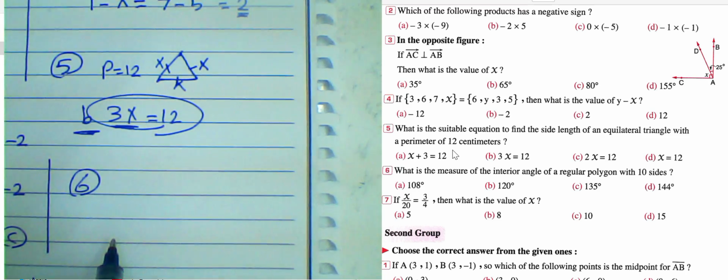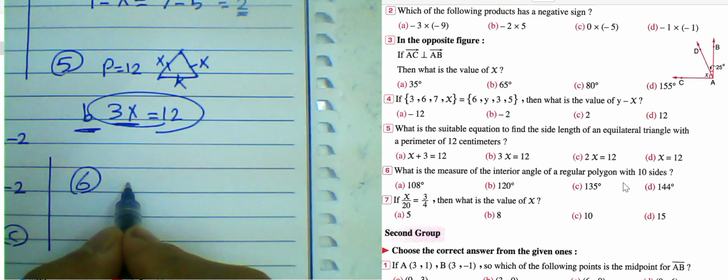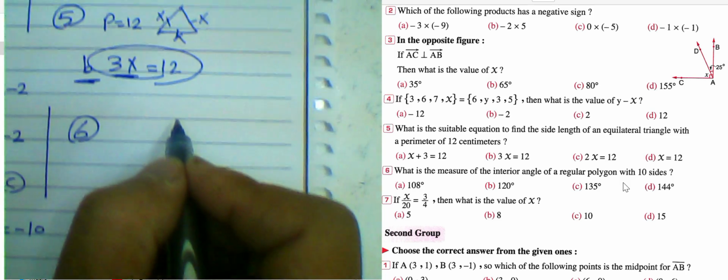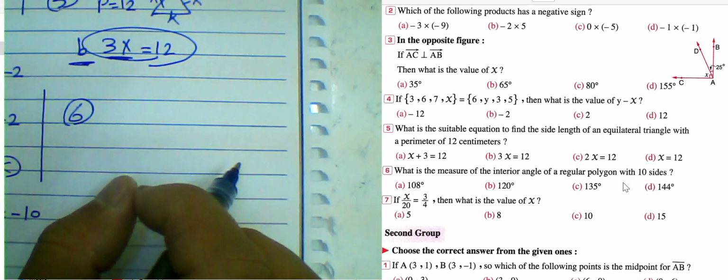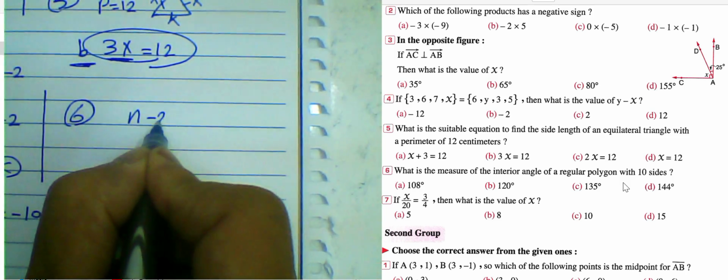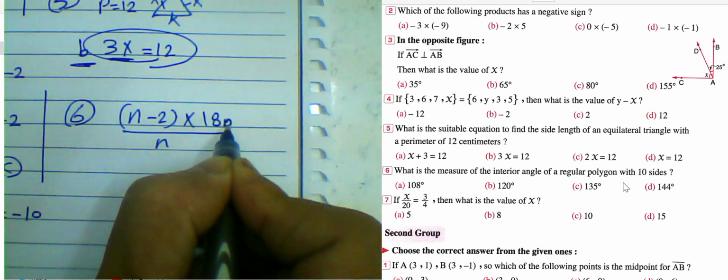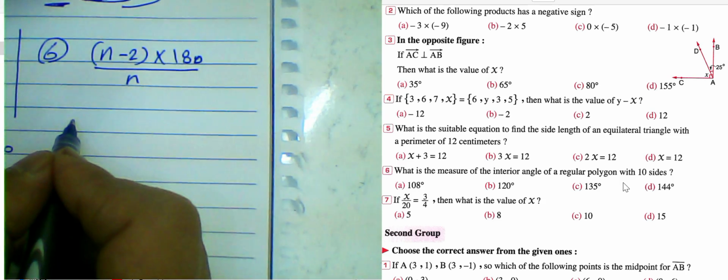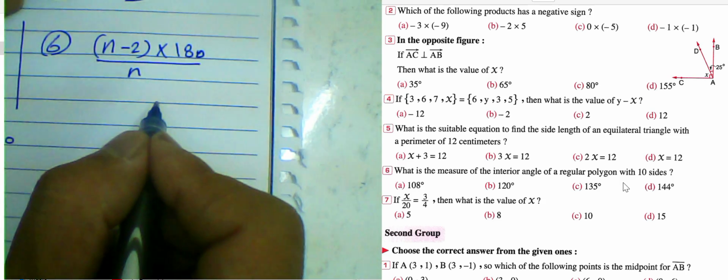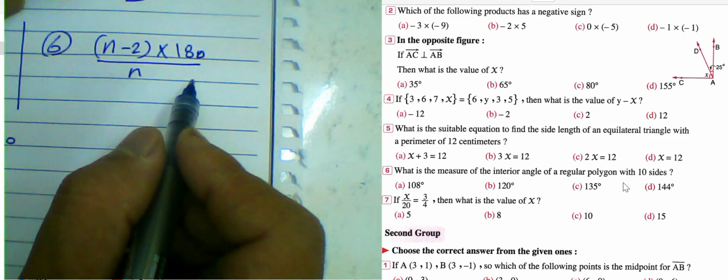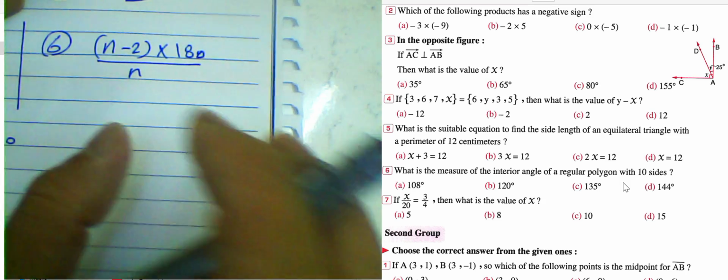Next, question number 6. What is the measure of each interior angle of a regular polygon which has 10 sides? We can find the interior angle of this polygon by the rule: n minus 2, multiplied by 180, divided by n. We use this rule to find the measure of each angle in a regular polygon.